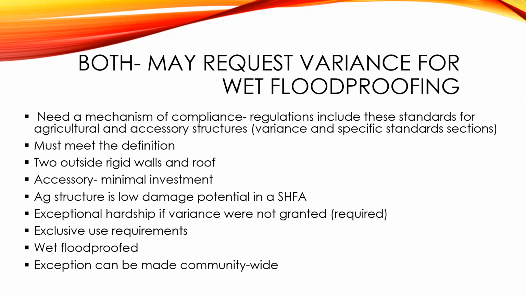But the regulations are our mechanism of compliance where we outline all of the requirements. And so we have to meet the definition and the use, having walled and roofed. So we want minimal investments and low damage potential. And so our overall message is usually don't grant variances for anything.